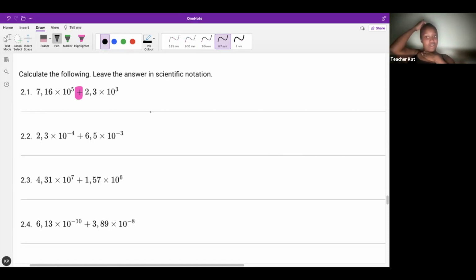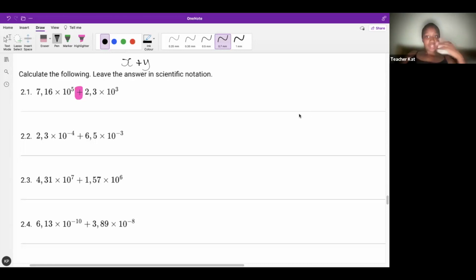Why can't we add these numbers, guys? Does anyone have an idea of why we cannot add these numbers? Why can't I add x plus y?